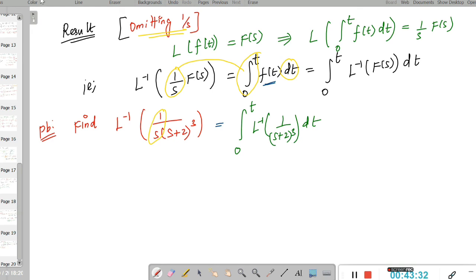So what is L inverse? L inverse of 1 by s plus 2 whole power 3 is nothing but, so s plus 2 is coming.